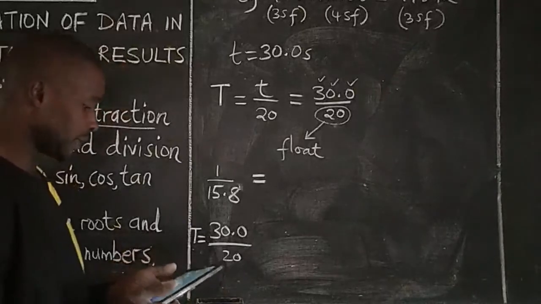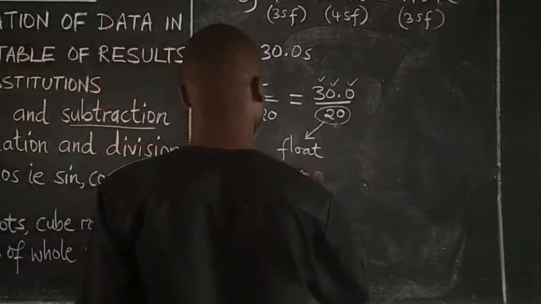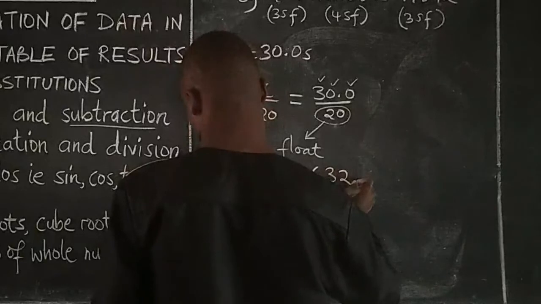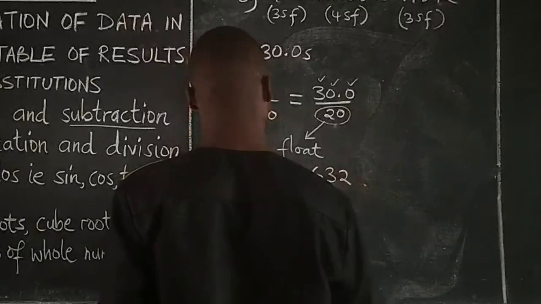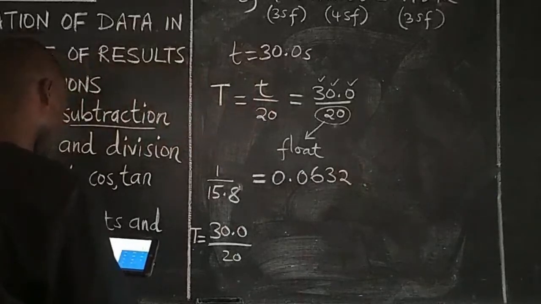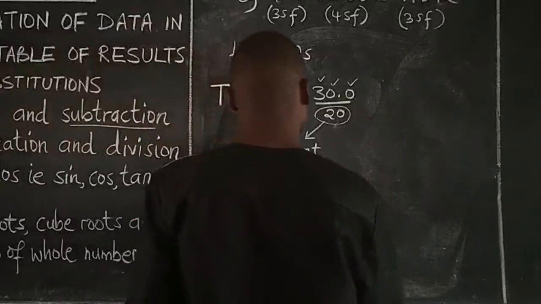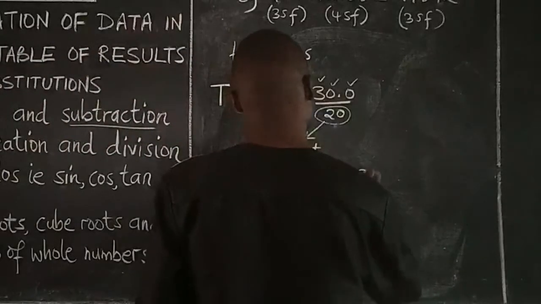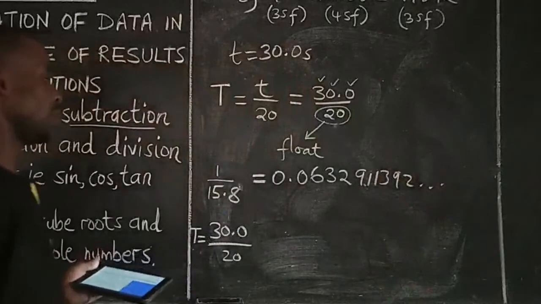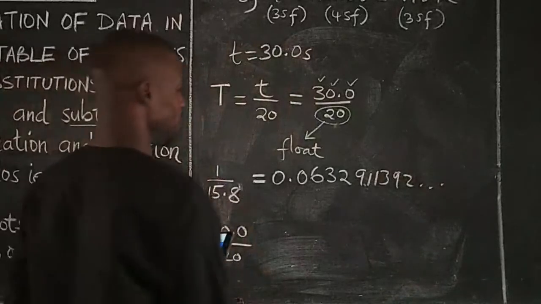1 over 15.8, I got 0.06329113992 and so on. A float, 3 significant figures. Our answer has to appear to 3 significant figures.